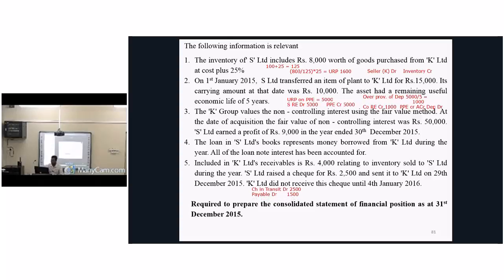Therefore, consolidated receivables credit. How much? 4,000. This should be entry 4, a cancellation of intercompany transactions of receivables and payables. Understand? So, the double entry.